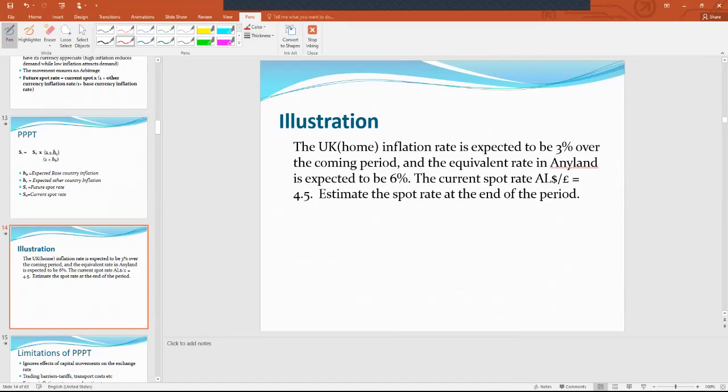Like what you just did in that example of Uganda, we say that the future spot rate, which I call S1, is equal to the current spot rate, which was 20. The quotation was given as Uganda shillings per Kenya shilling. This is what we call the price currency, and this is the base currency. The inflation in Uganda was 5%, so times 1.05, divided by the inflation in Kenya, 1.1, and we get 19.09.